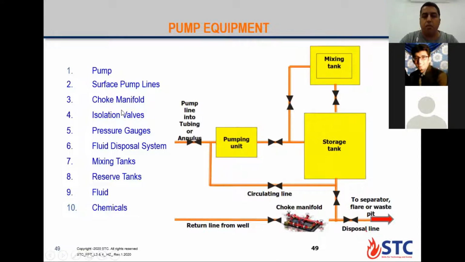Surface line, choke manifold for return with choking, isolation valves, accurate and calibrated pressure gauges, a fluid disposal system to take the fluid back from the well to tankers, flare pits or the production line, a mixing tank with agitator to mix the brine, and a reserve tank to store excess volume for water, fluid, and chemicals, which is viscofier and also salt, to kill the well and prepare the kill fluid.